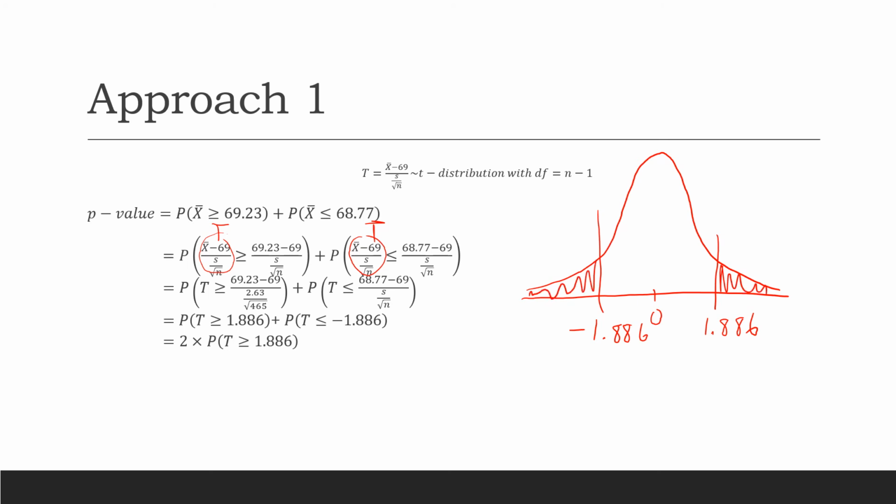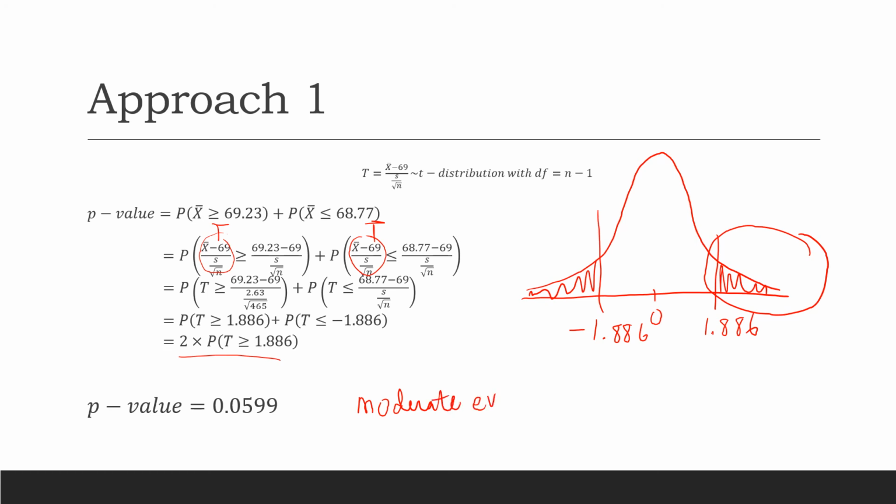And so I can simply calculate the probability in one of these tails, either one, and multiply it by 2 to get the p-value. So here the p-value is approximately 0.0599, which, if you remember, is around 0.05, so it's in that sort of moderate evidence against the null hypothesis range.